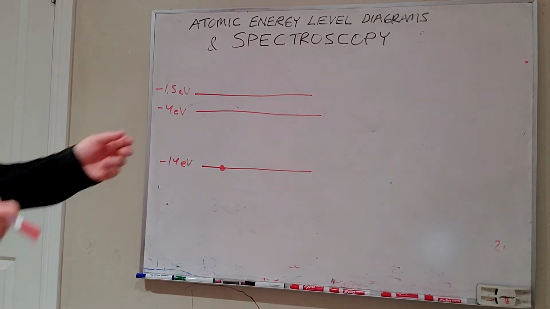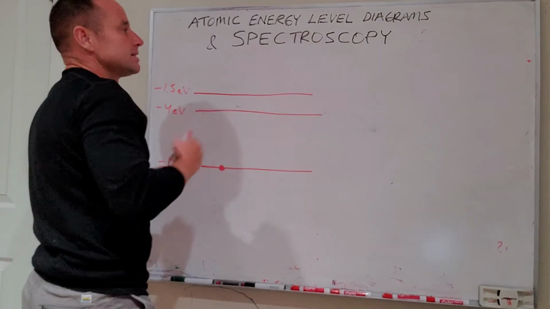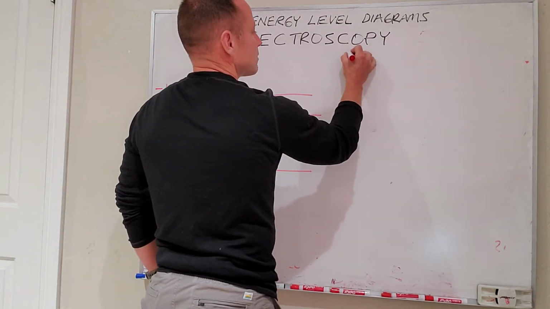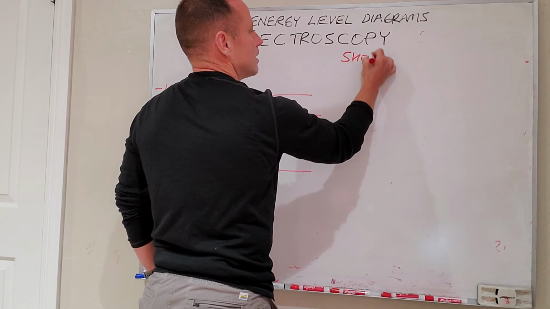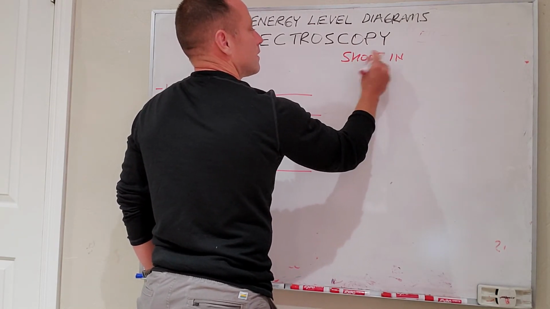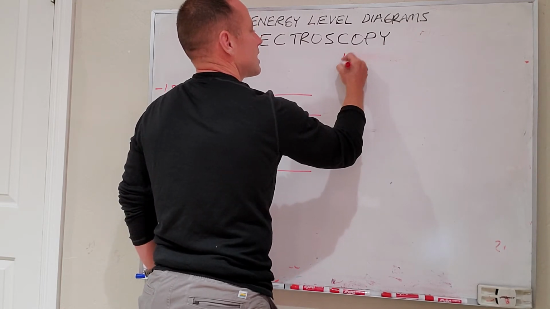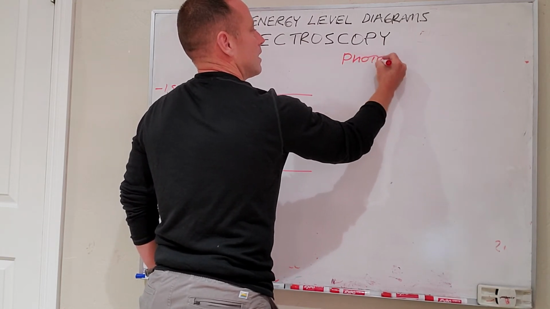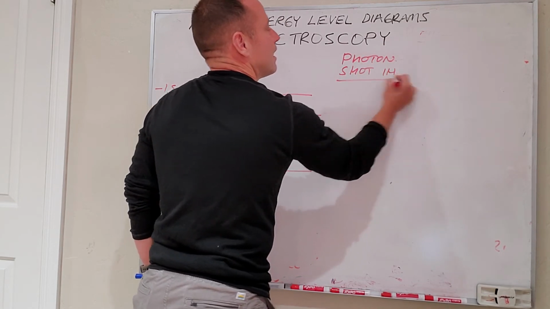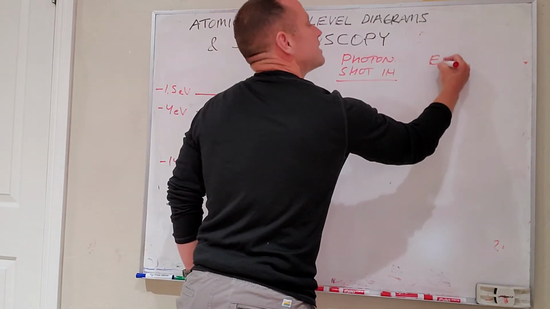What I want to do real quick, because it will help you all see how this works, is look at what happens if you shoot in different types of light. We'll make a little chart: the photon shot in, and then we're going to see what the effect is.